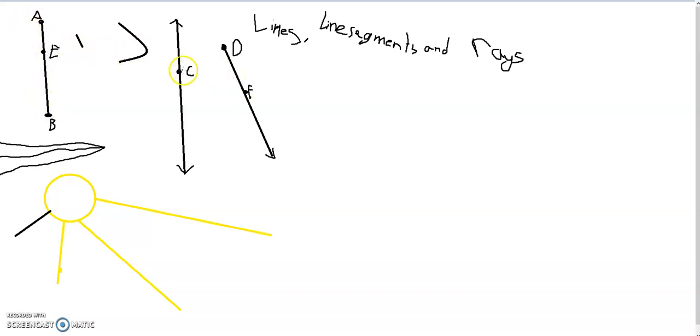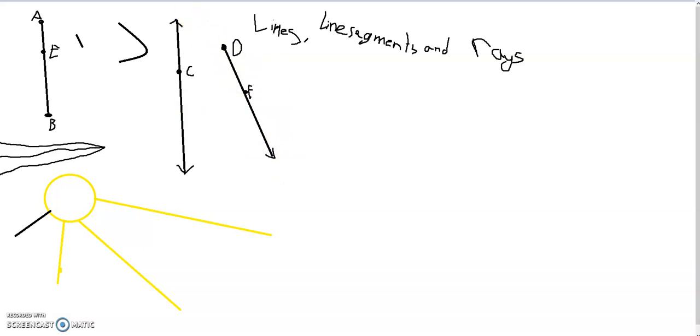So now it's time for you to do things. I'm going to show 3 things, and you're going to tell me if they are a line segment, a line, or a ray.